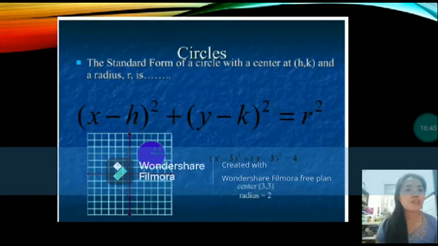This is exactly the same problem as the previous example, and the answer is x minus 3 quantity squared plus y minus 3 quantity squared is equal to 4. The one that I told you had a correction, this time this is the correct one. So that is how we graph the circle based on the given information.